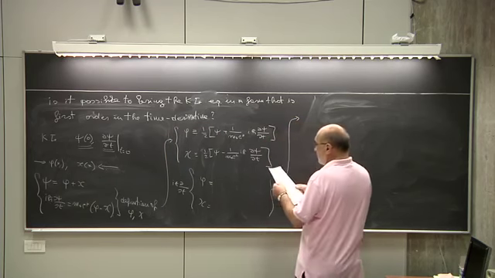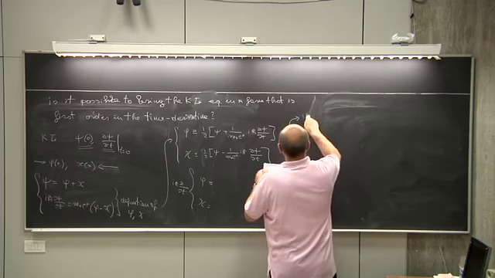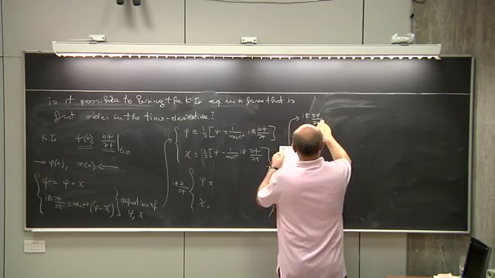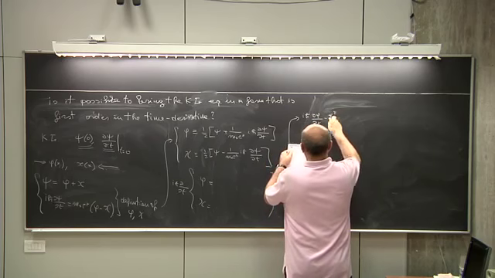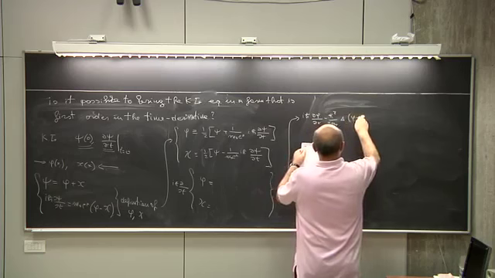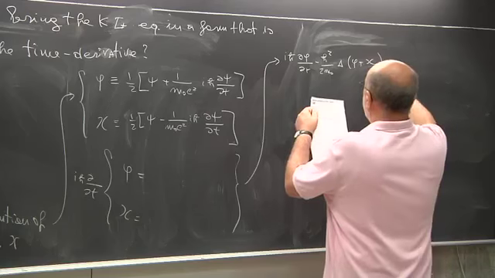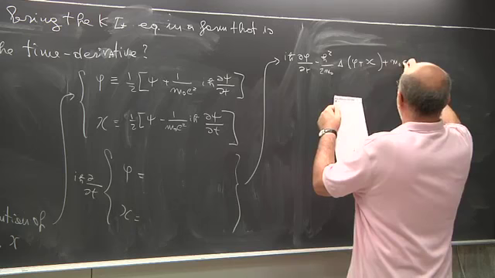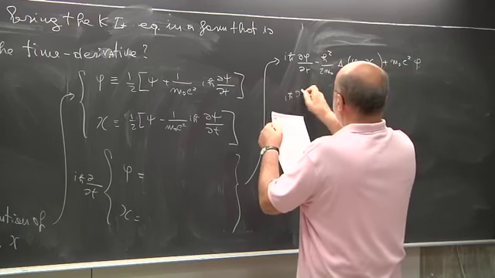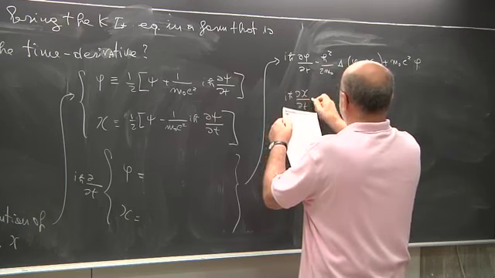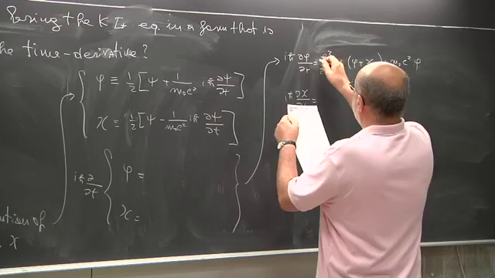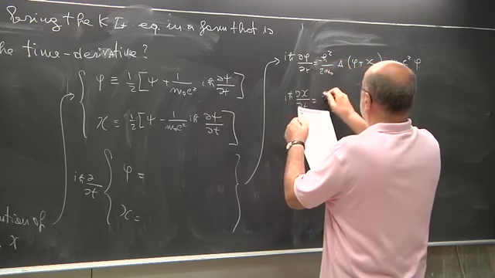The result of this is the following: i h bar d phi dt equals minus h bar squared over 2 m0 Laplacian of (phi plus chi) plus m0 c squared phi, and i h bar d chi dt equal, sorry, here it is equal minus, equal plus.